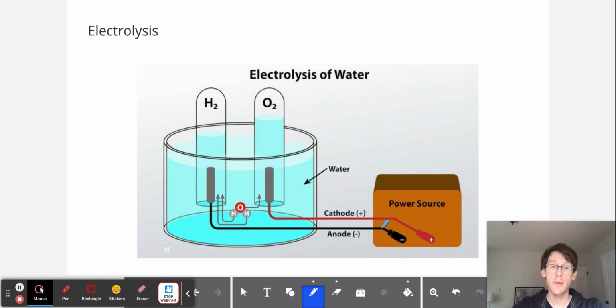What happens is the battery applies energy, electrical current and energy, and that electrical current and energy goes towards breaking the bonds between hydrogen and oxygen, and you end up getting hydrogen gas at one electrode and oxygen gas at the other. That's something to study more in depth in an electrochemistry unit, but for now, the electrolysis process is a way to separate compounds into their component elements.